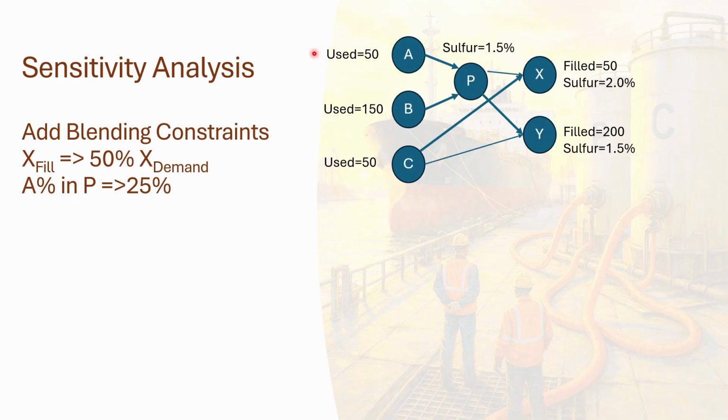Yes, we did use 50 units of A going into P, and to make up the balance, we used 150 units of B for a sulfur concentration in the pool of 1.5%.